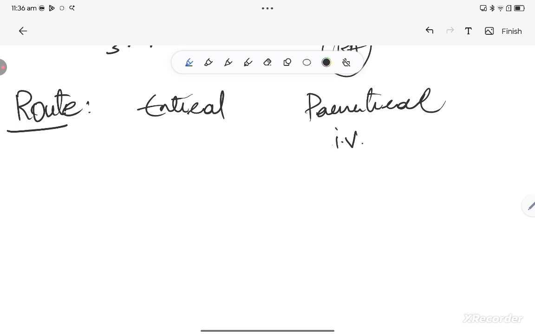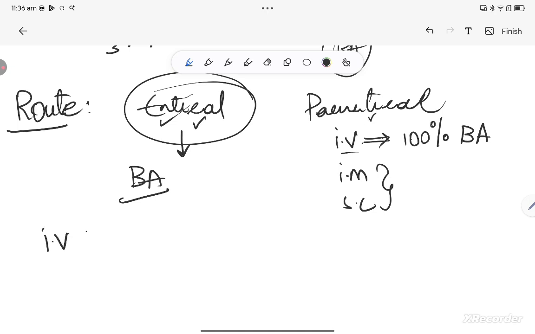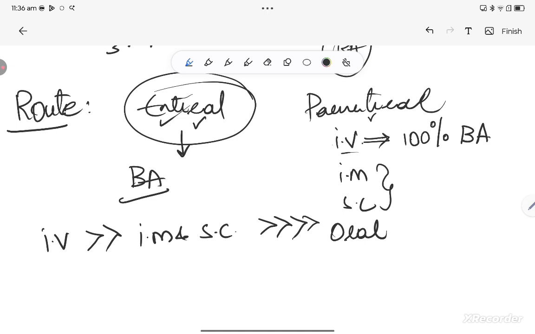All factors affect bioavailability when they are given by enteral route. Parenteral route, that is intravenous route, has 100% bioavailability. Intramuscular and subcutaneous vary somewhere between enteral and parenteral. So IV has highest, IM and subcutaneous are between, whereas enteral, let us restrict ourselves to oral, has less bioavailability, because all factors play a role in absorption when a drug is given by oral route.